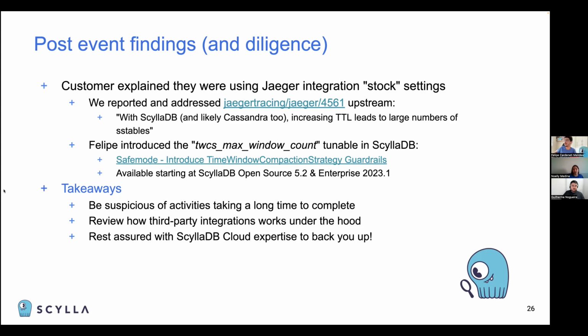And they even fixed that, by the way, so nowadays we wouldn't hit the same issue anymore. Also Felipe, our great guy that is presenting to you, introduced a nice tunable parameter in Scylla, available in open source 5.2 and enterprise 2023.1. Would you like to talk a bit about your parameter, Felipe?